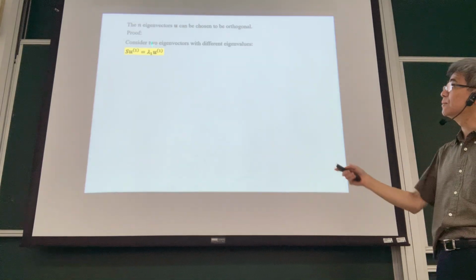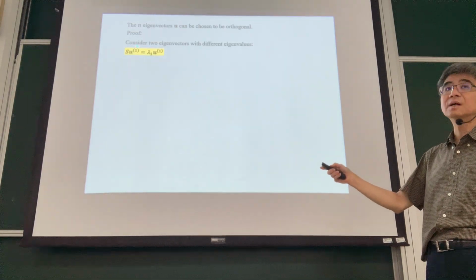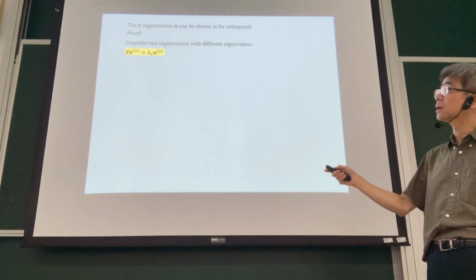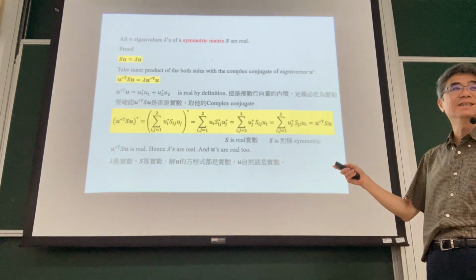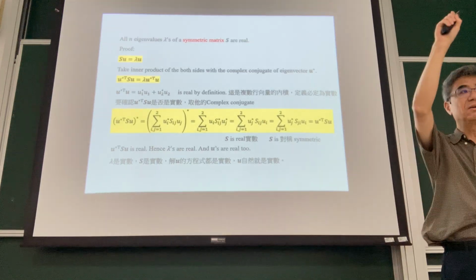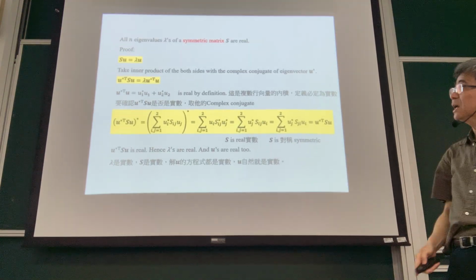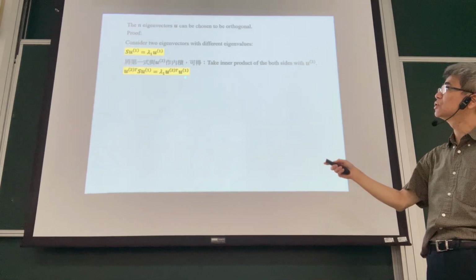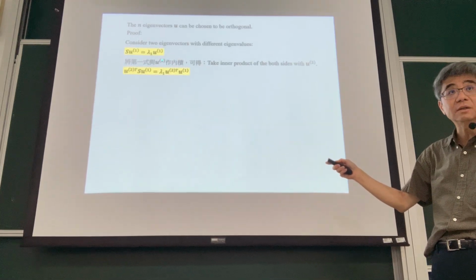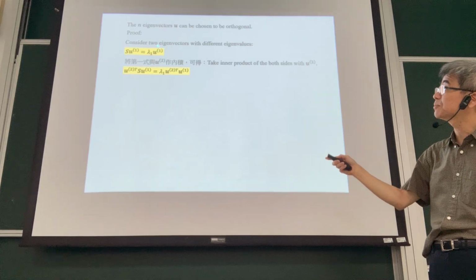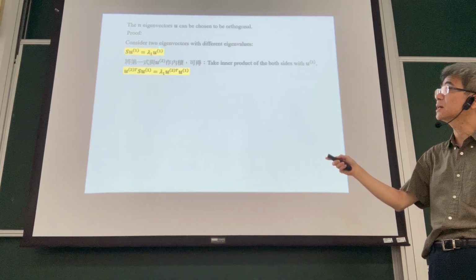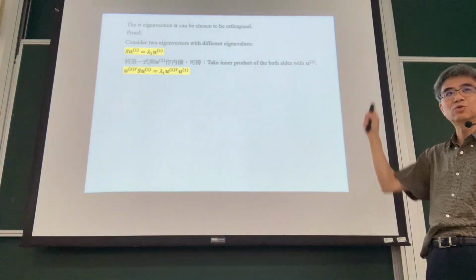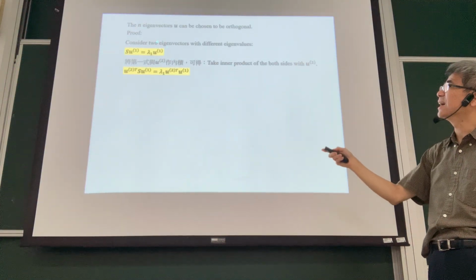So here I have to use another index, a superscript. Before, I wrote just U because only one eigenvector was involved. But now I have to prove that two eigenvectors U1 and U2 are orthogonal to each other. So I need a superscript, at the upper position.